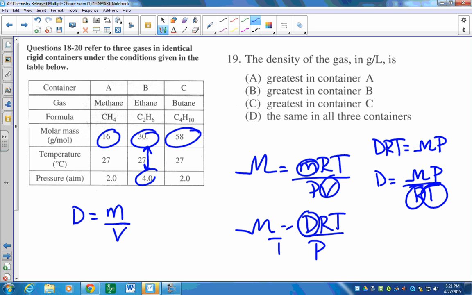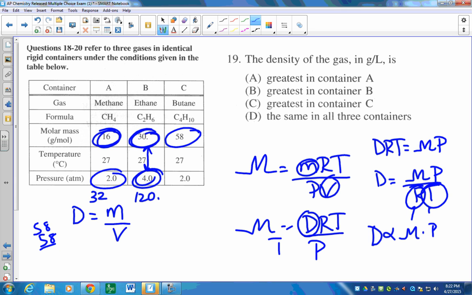So what the answer key is saying is that the density is proportional, because these are the same, to the molar mass times the pressure. And so if you do this, molar mass times the pressure, this would be 32, 30 times 4 is 120. Remember, I don't have a calculator. And 58 times 2, 16 carry the 1, this is 106.